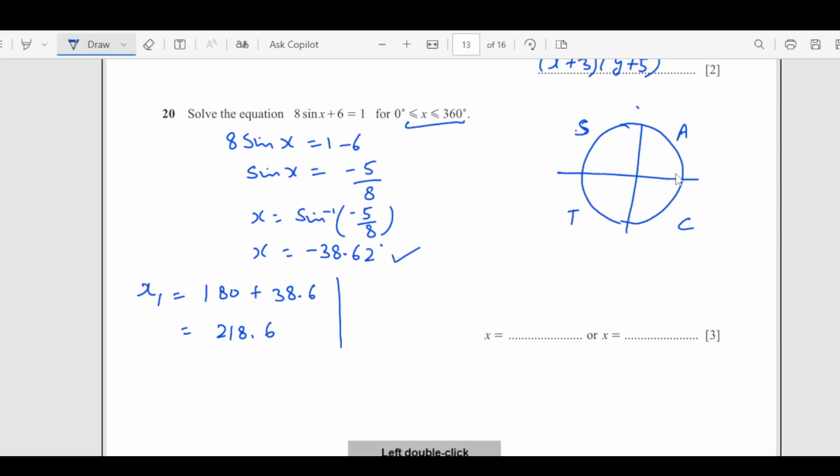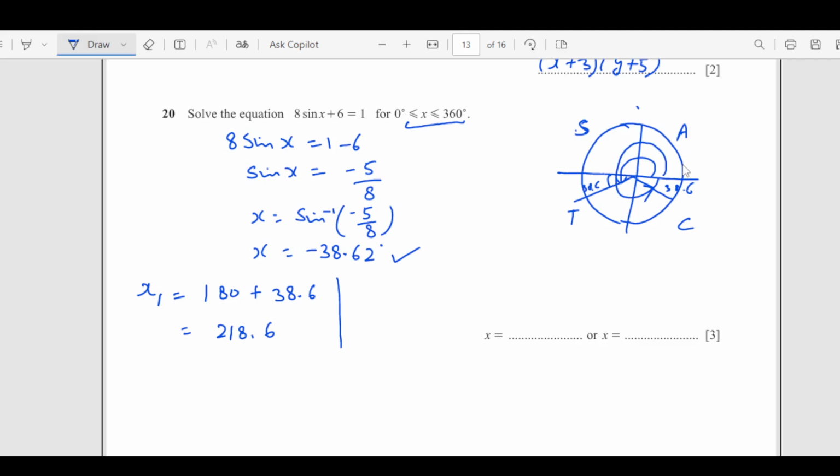Where is sine negative? Sine is going to be negative in the third and the fourth quadrant, right? So this angle and this angle. This angle is 38.6, this angle is 38.6 here. So we are looking for one angle from here to here, right? Another one from here to this one.